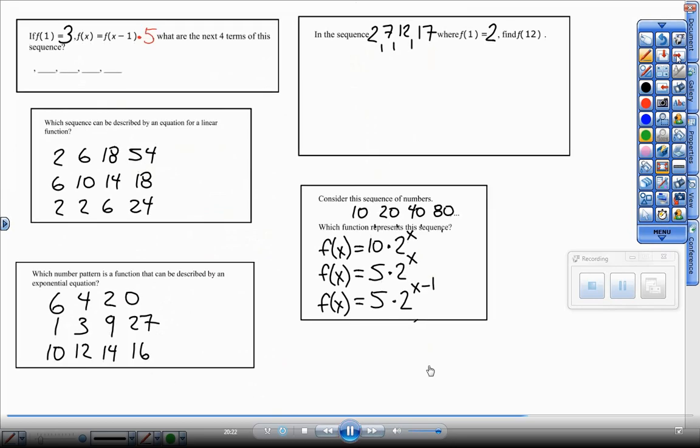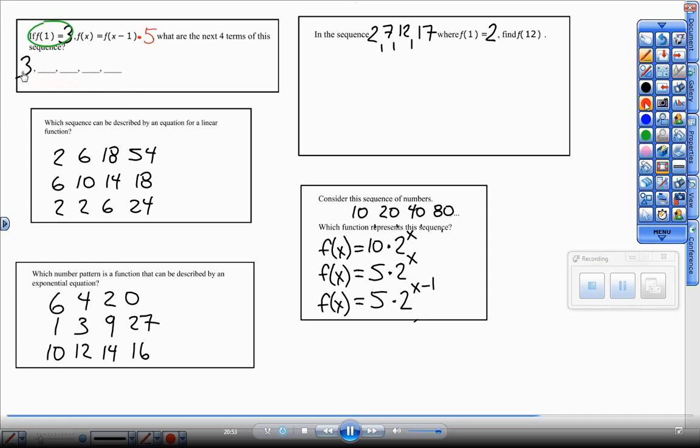All right, last page. This one, I give you the first term 3. So you know this first term is going to be 3. It's given to you. I'm telling you what you're timesing that 3 by each time to find these next 4 terms. 4 of them. So if I take that 3 times 5, that's going to give me the first number. Take that times 5, take that number times 5, and then one more times 5 to fill that out.